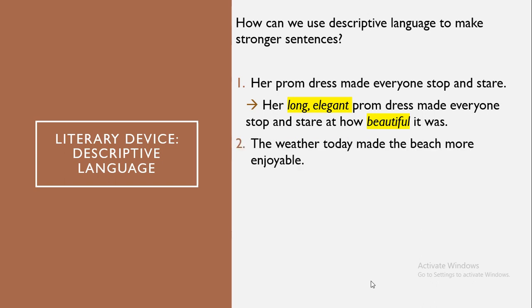Let's try another one. The weather today made the beach more enjoyable. So just brainstorm on your own. What are some words that we could use to help the reader understand why the beach was enjoyable and what it was about the weather that made the beach enjoyable?